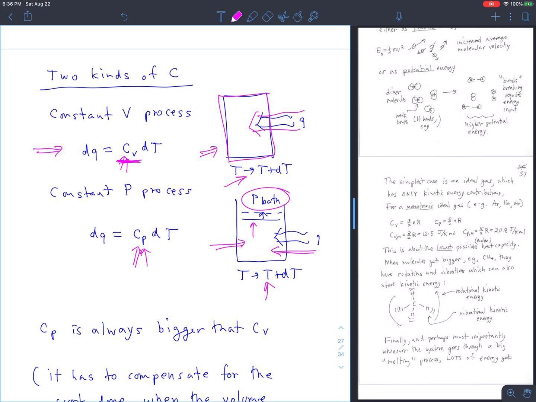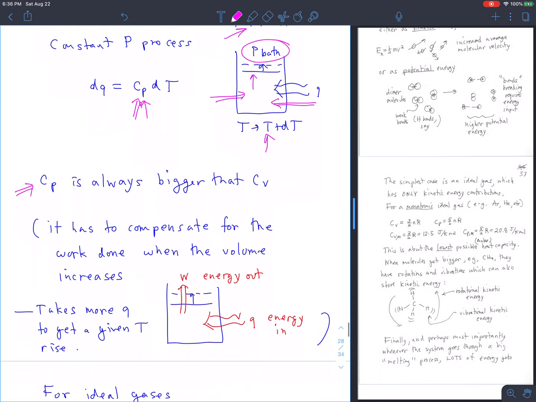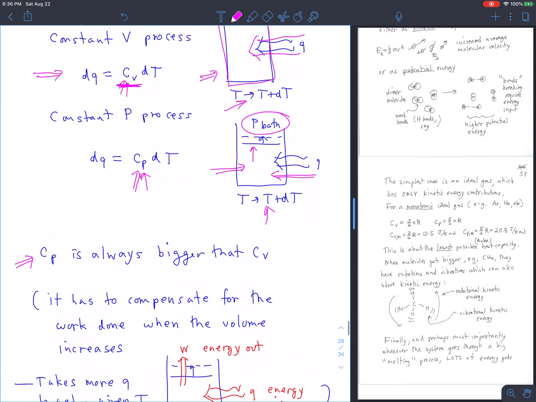It's CP. Why is CP different than CV? In fact, CP is always bigger than CV. Why is that? Well, it's because in the constant pressure case, the volume of the system is changing against an outside pressure. And that means the system is doing work at the same time.